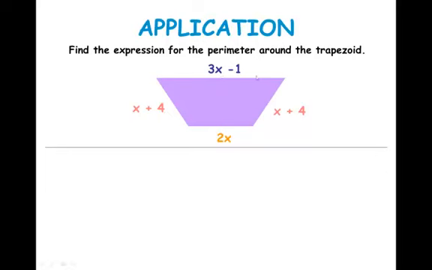Now we know the perimeter of any shape is adding the sides together. So P for perimeter is going to be equal to this side, x plus 4, plus this side, another x plus 4, plus this side, 3x minus 1, plus this side, which is 2x.